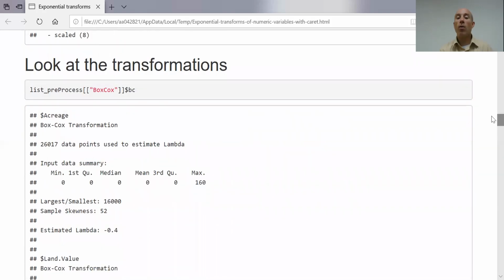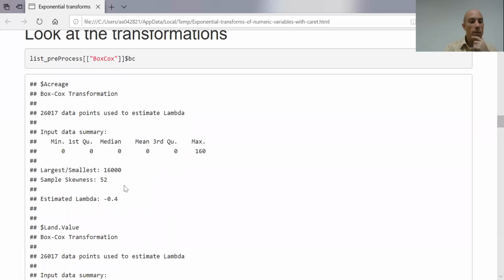All right, so now if I want to look at the actual transformations, what I can do is grab the function itself. So remember, this is a function because it's output from the preProcess function. And if I put $bc, it'll give me the Box-Cox parameters, a little bit of information about it. So here, if I look at acreage, it estimates lambda at negative 0.04, negative 0.4.